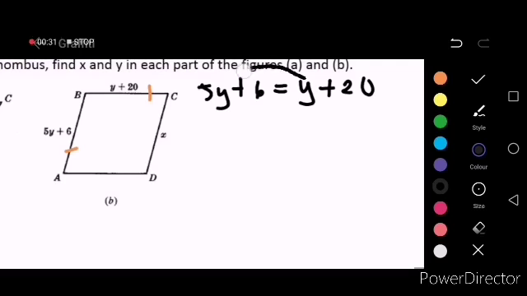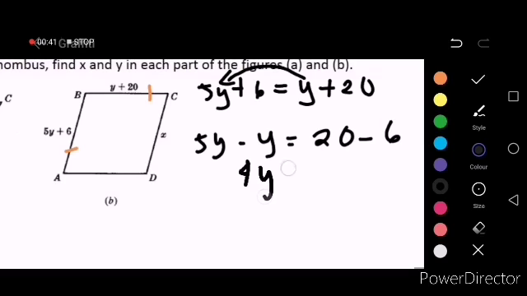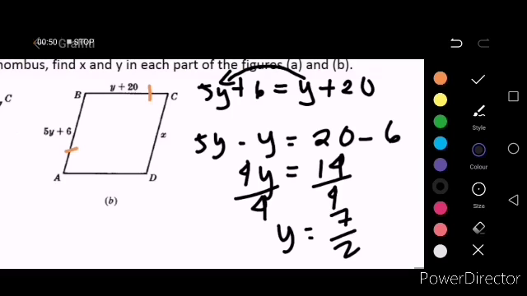So by transposing this value here, this will become 5y minus y equals 20 minus 6. Now, this will become 4y and this will become 14. Divide both sides by 4. We all know now that y is equal to 7 over 2. Tama? 7 over 2 or 3.5.